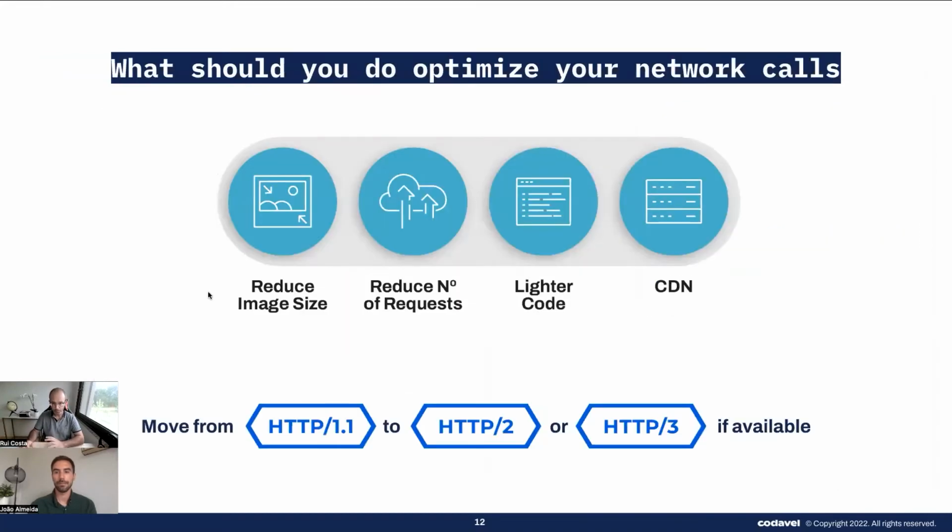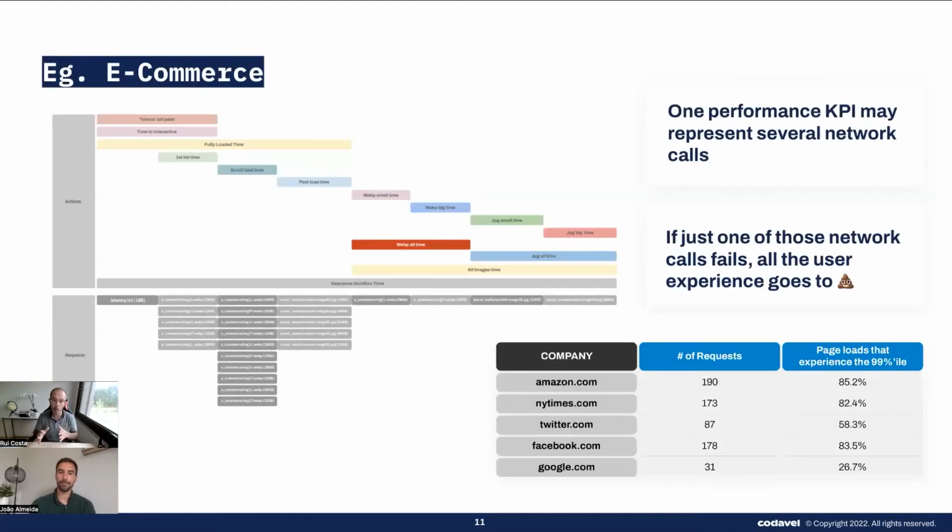And so, again, to wrap up what we said before, if one of these network calls goes wrong, the entire user experience is bad. And so the scroll load time becomes high, meaning that if the scrolling experience is slow, you will increase the number of users that drop out, or that do not convert or do not buy a product.